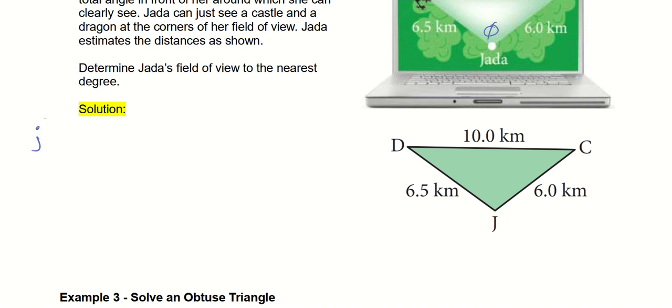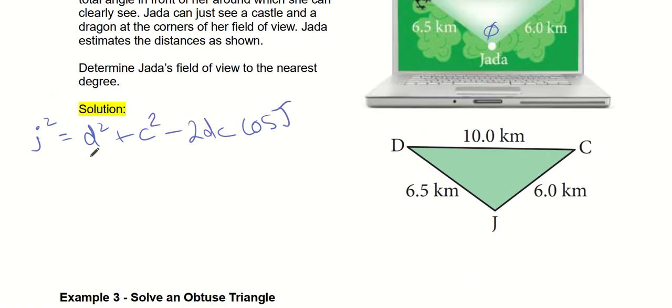Small j, and that's squared, equals small d squared plus small c squared minus 2dc cos capital J.